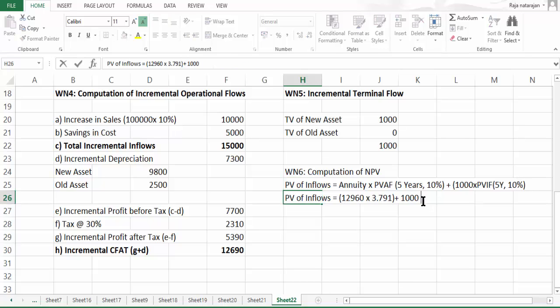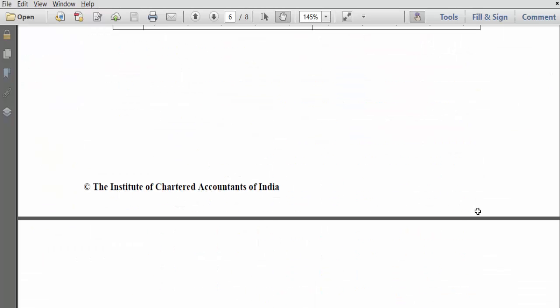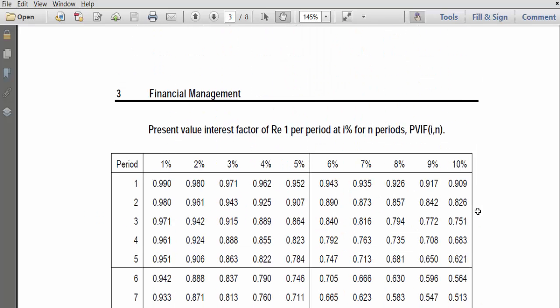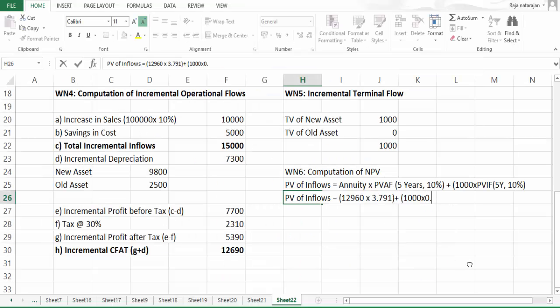So let's go and find out the value. We should go to the PVIF table, the present value interest factor table. We have to go across the fifth year, 10%, and it works out to 0.621. So we'll put it here, it is 0.621.